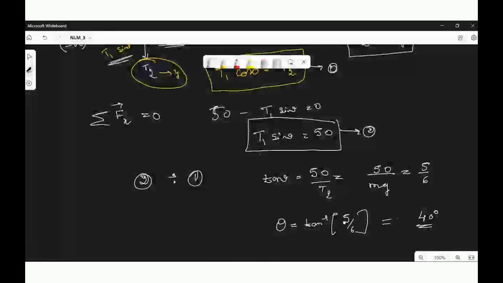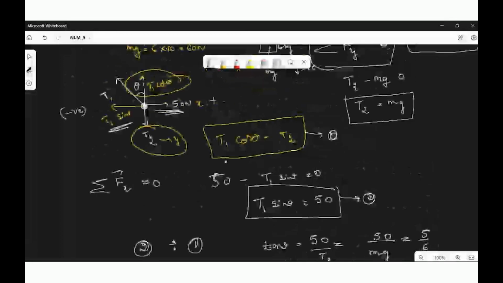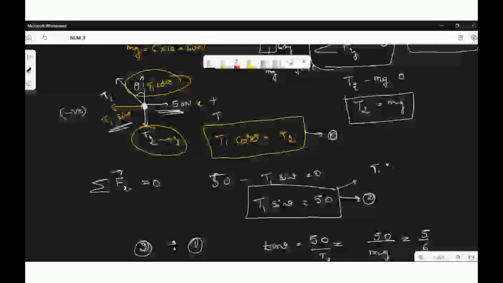Understood? So now if someone asks you what is the tension T1, what you will do? Substitute here. T1 into sin 40 degree equals 50. How much is sin 40? Can you look and tell me?